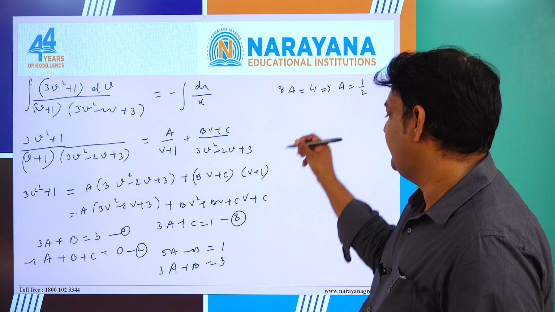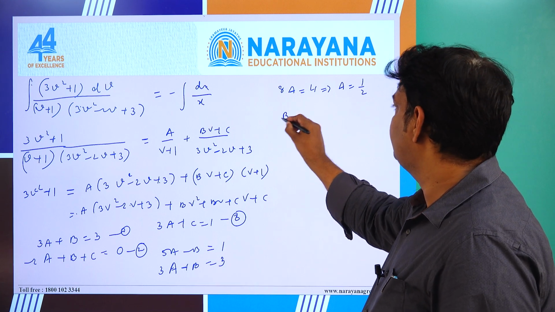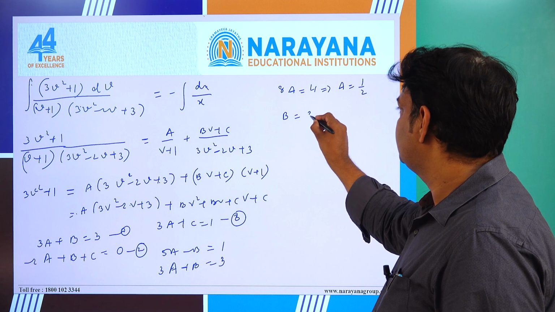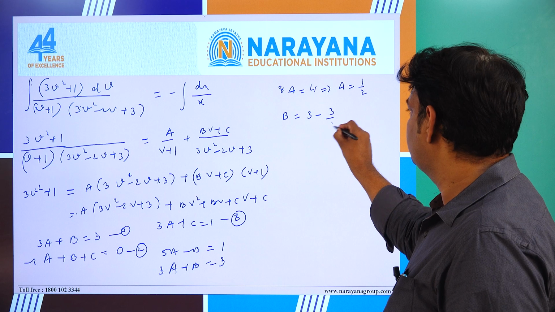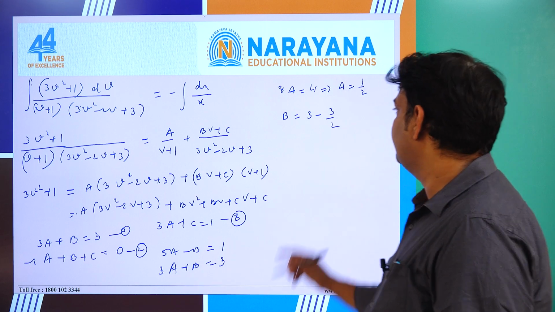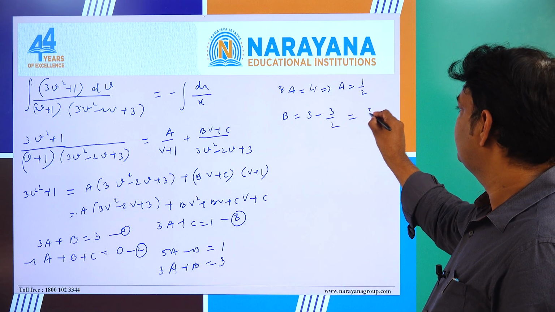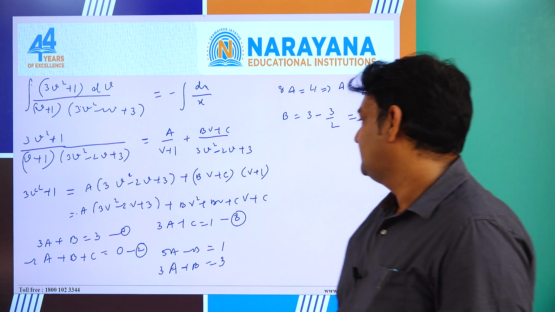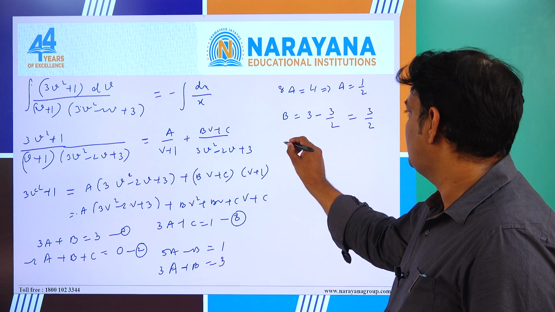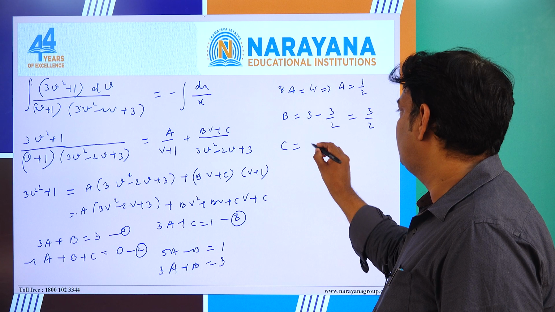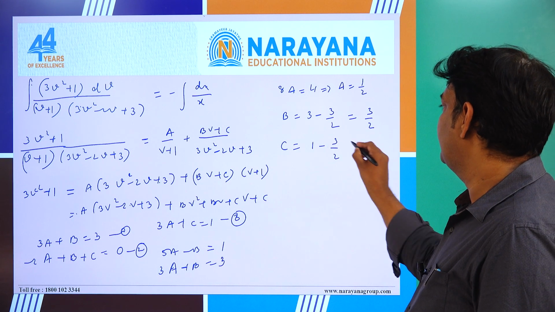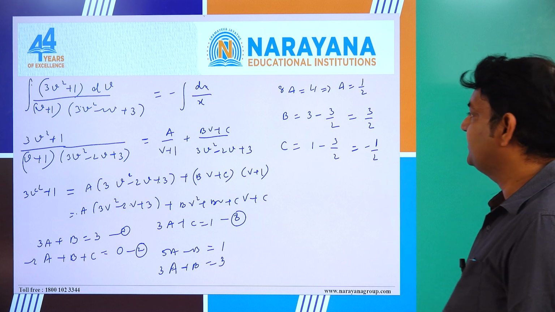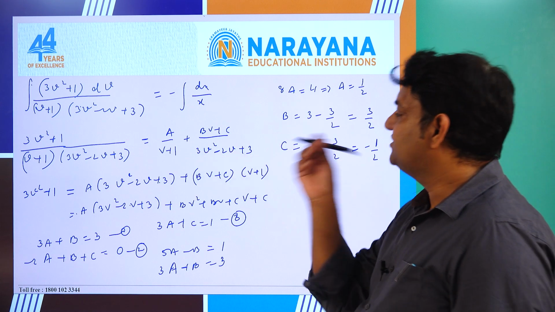Substitute the value of a, we will get b is equal to 3 minus 3a. 6 minus 3, b is 3 by 2. Substitute a here. c is how much? 1 minus 3a, 3 by 2, 2 minus 3. That is what? Minus 1 by 2.